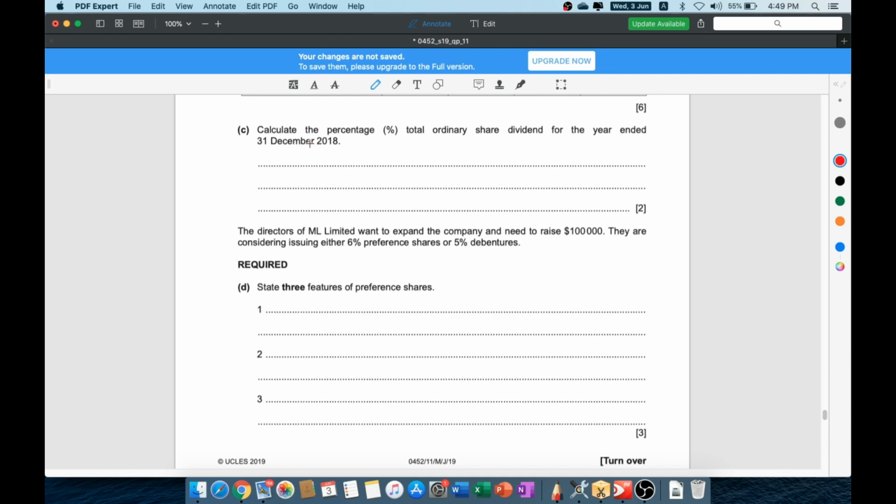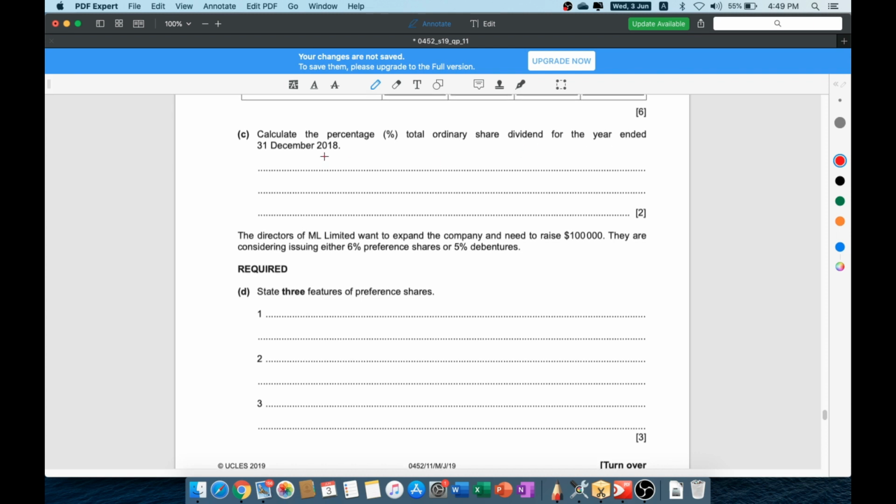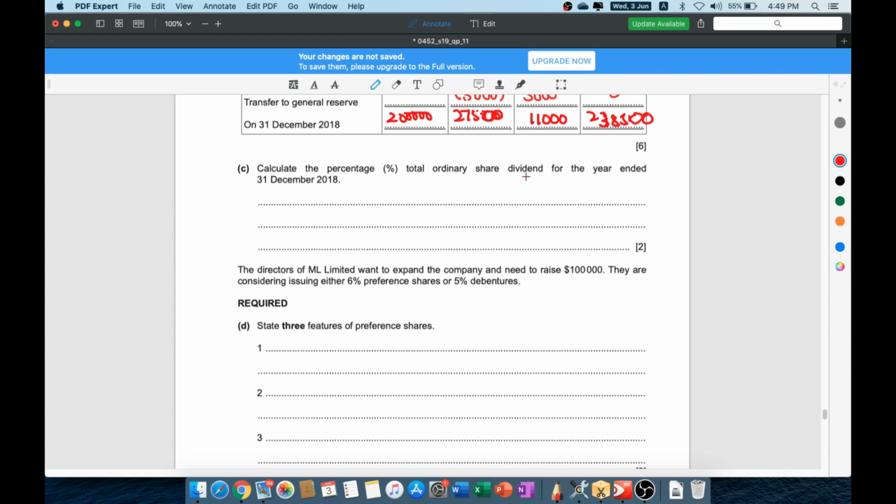Part C says calculate the percentage total ordinary share dividend for the year ended 31st December 2018. That means we're just going to calculate the percentage for the dividends paid over the total ordinary shares. So how many dividends were paid for how much worth of share capital?